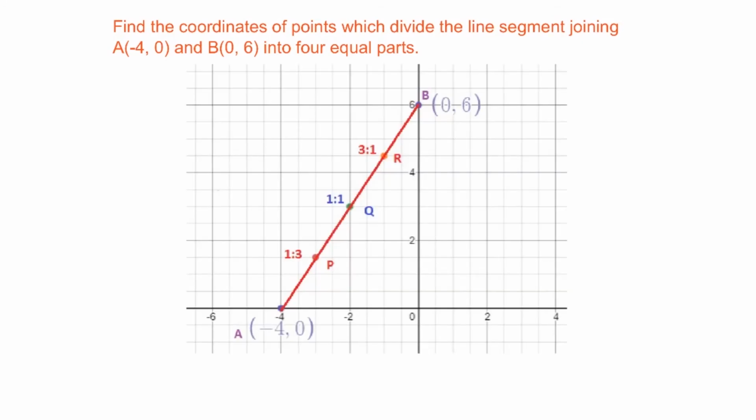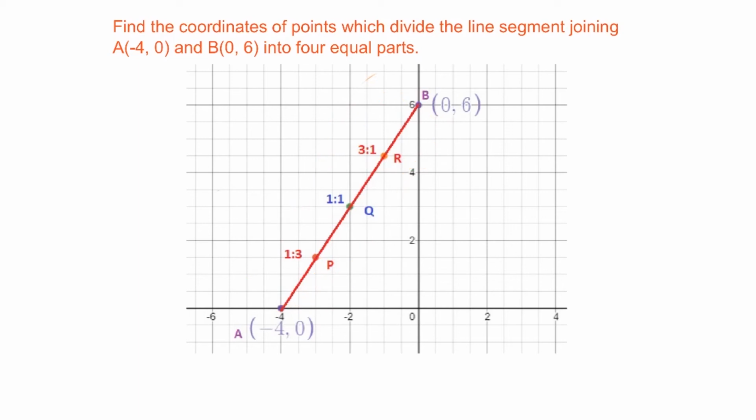Here A and B are the points on which P, Q, R, 3 points are marked. If you see only P, P is dividing this line segment in the ratio 1:3, Q is dividing it 1:1 and R is dividing it 3:1.